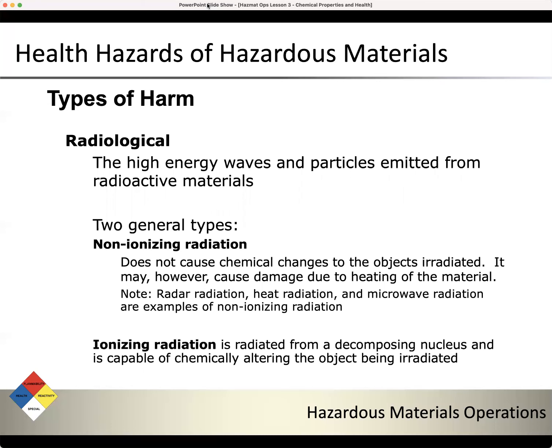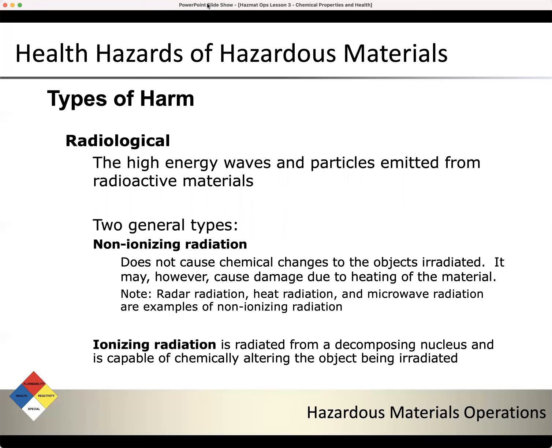Radiological. These are high energy waves and particles emitted from radioactive materials. There are 2 general types of radiation. There's non-ionizing radiation. This does not cause chemical changes to the objects irradiated. It may, however, cause damage due to heating of the material.